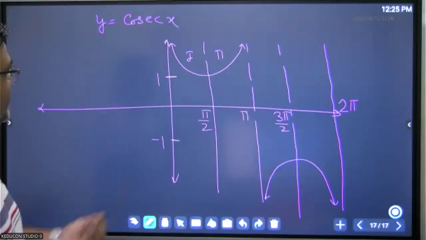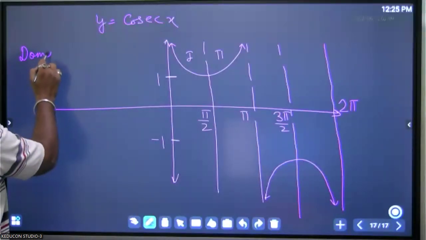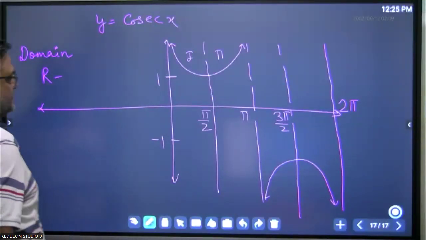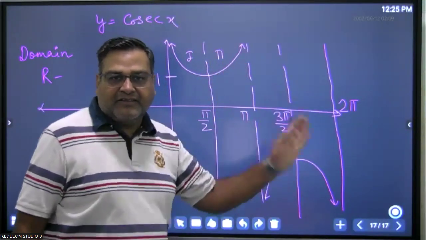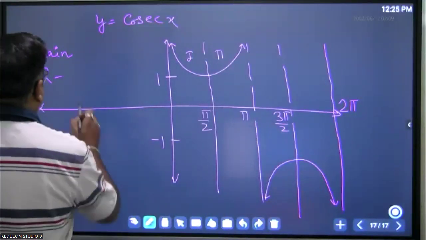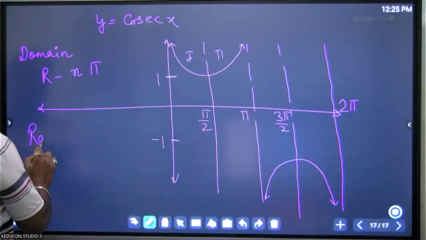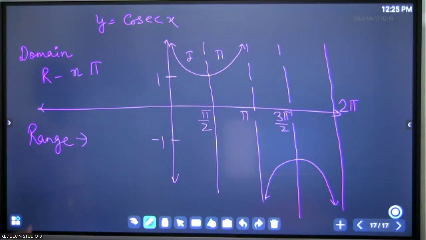So now, what will be the domain? What is the domain? All real numbers minus... it is not defined at pi, 2 pi, 3 pi, 4 pi, and so on. So that will be R minus n pi. And its range will be the same as in the case of secant x.